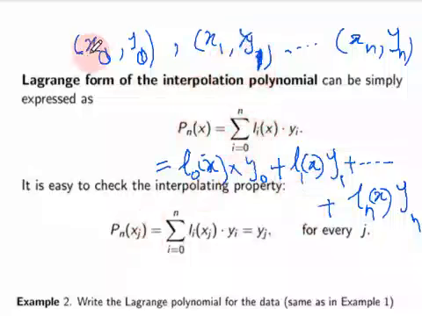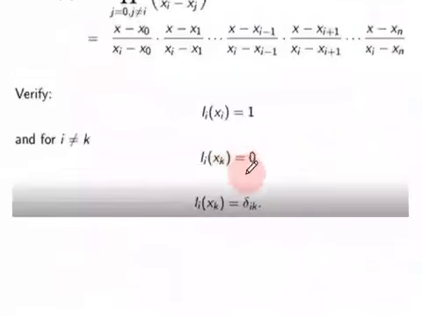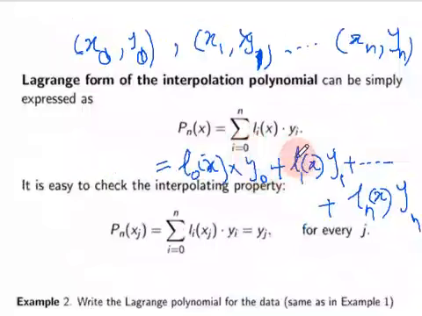So for instance, let's plug x sub 0 into here. We know that the cardinal function L0 evaluated at x0 is equal to 1. But when you plug x sub 0 into the other cardinal functions, their values at x0 become 0.